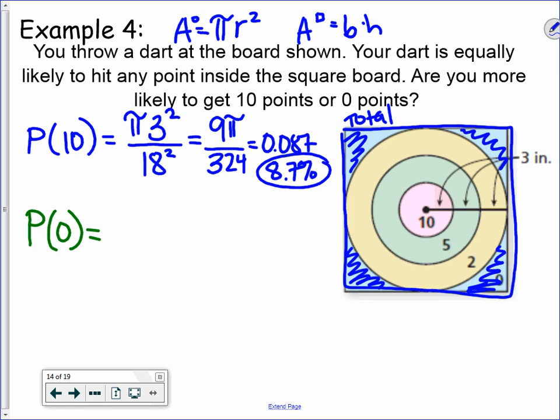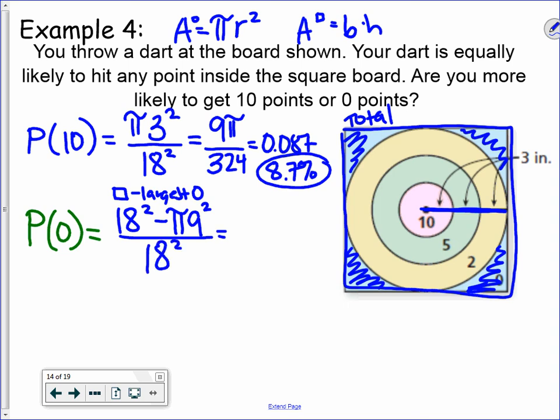So we're going to take 18 squared, the area of the square, minus pi times the radius squared. The radius of the yellow one, the largest circle, once again was 3 plus 3 plus 3, so the radius was 9, and then you still have the total area of 18 squared.